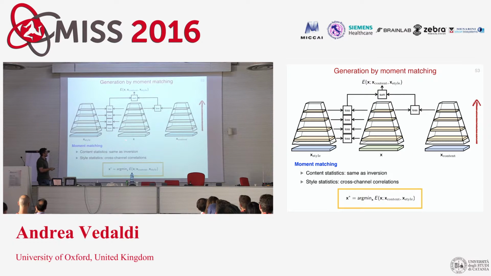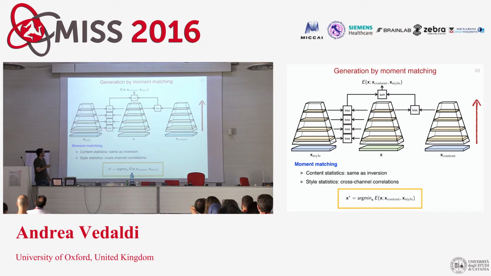So the way we do that is by finding a third image X, in such a way that when we compute these features, and this is a representation of, say, VGG very deep, a pre-trained network for discrimination, what we're going to do is to try to match the statistics that the network computes from this image to the representation of the style image and the content image, all right? So we're going to try to find an image X which somehow matches the representation of the style and the representation of the content at the same time. So it should be a sort of mixture of the two.